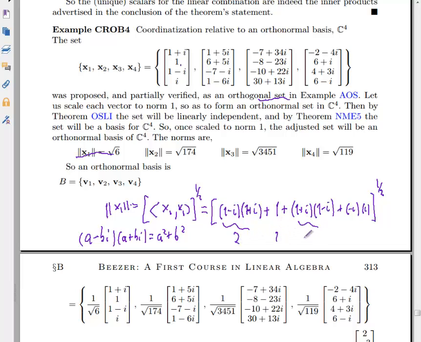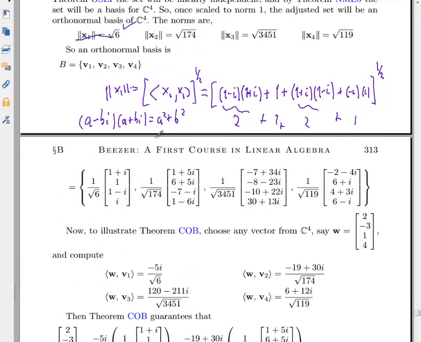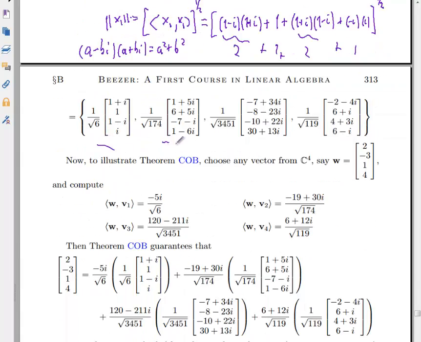This is going to give me another 2, and this is going to give me 1. So you can see I have 6, square root of 6, so that gives me the square root of 6. All right, so that was just a side note to show how you compute the norms of these vectors. All right, so I take this orthogonal set, I create an orthonormal set by dividing by the norms. So here's an orthonormal set of vectors.